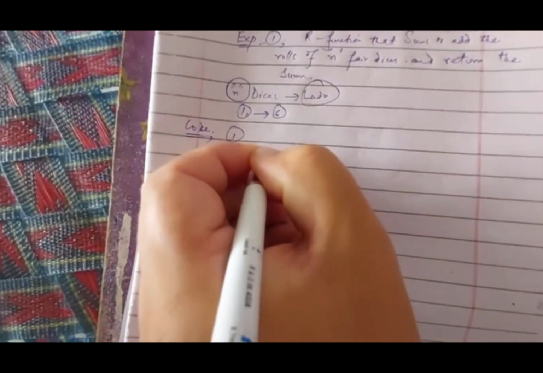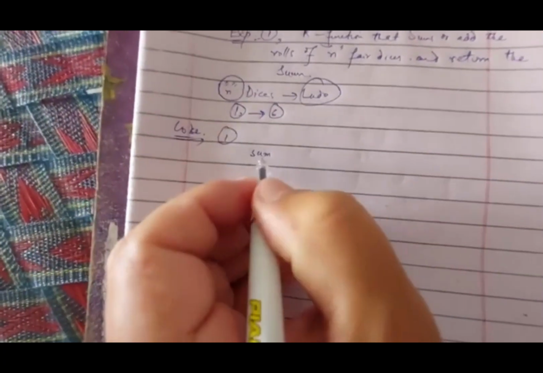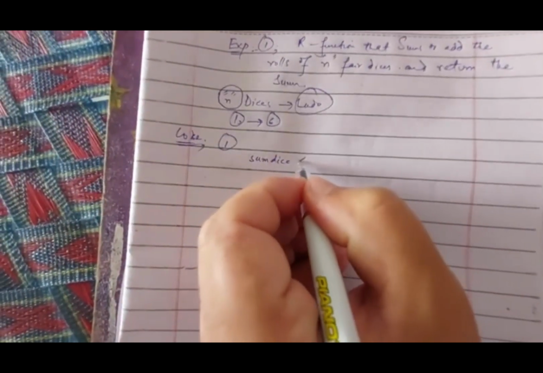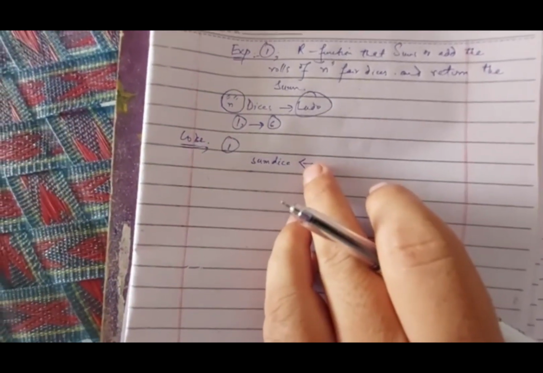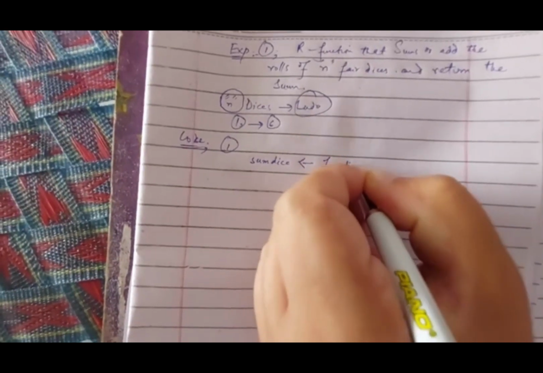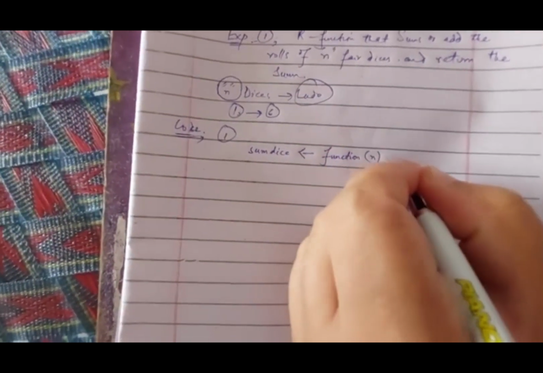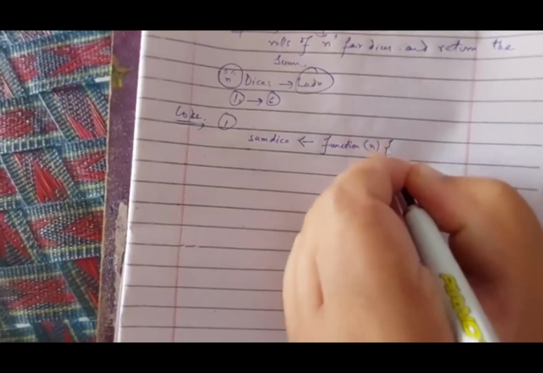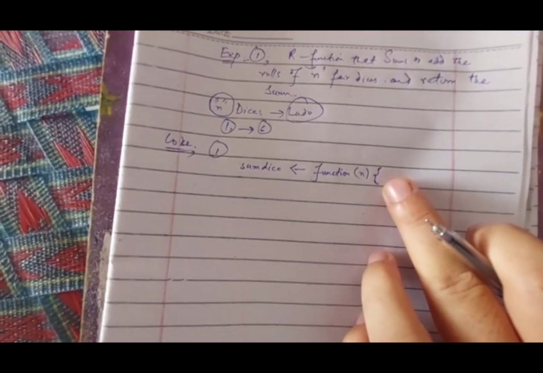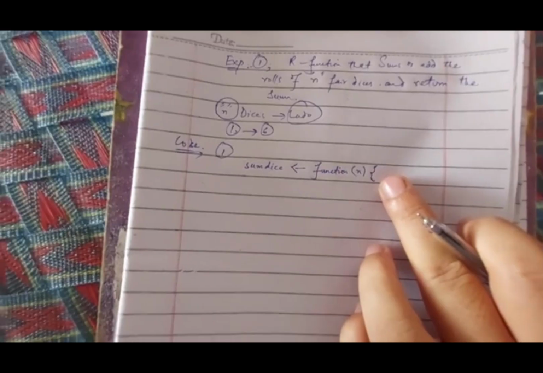So the first line should be sum dice, and we assign the value to sum dice as function of n, and we will have this curly bracket.